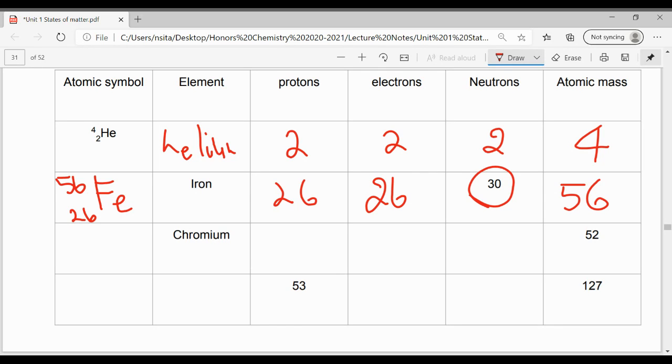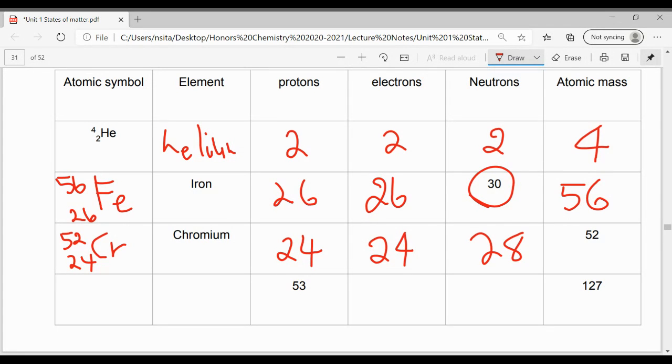Chromium, the symbol is Cr. Chromium is element number 24. If the mass is 52, there are 24 electrons, 24 protons. So the number of neutrons will be 52 subtract 24. Oh, I'm sorry, 52 subtract 24, that would be 28.